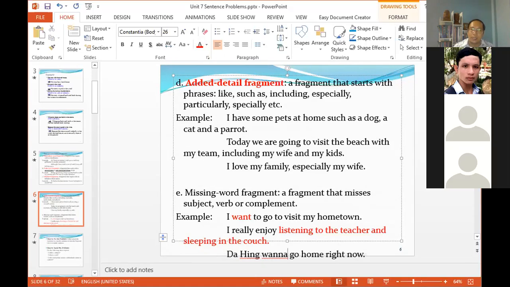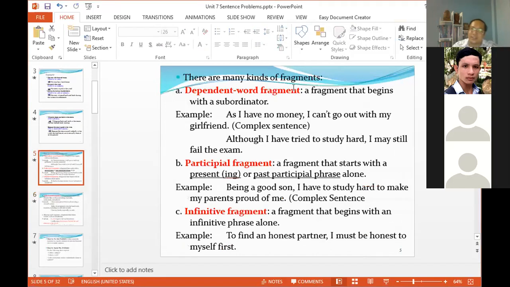So again, what does fragment mean? An incomplete sentence, and there are five kinds of fragment. The first one is the dependent verb fragment. They start with a subordinator.